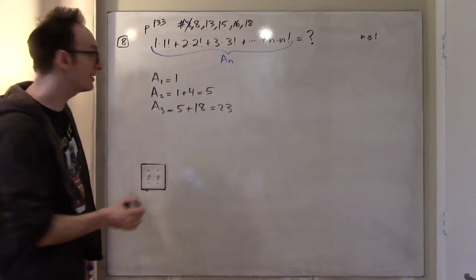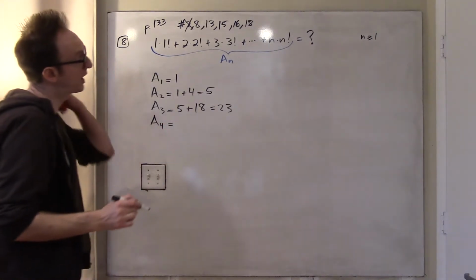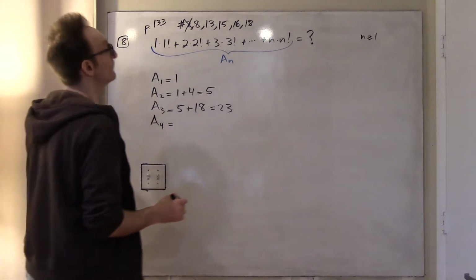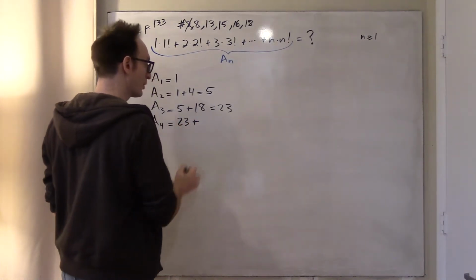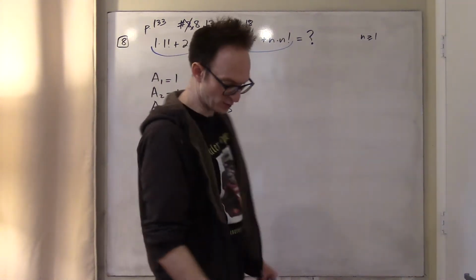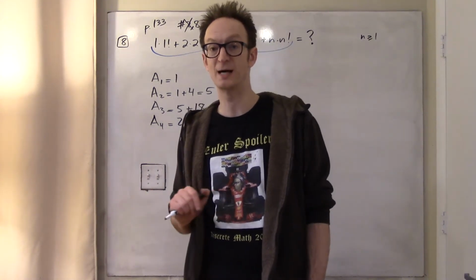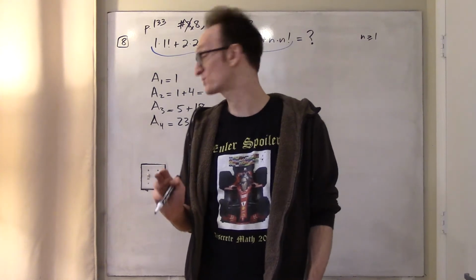Maybe I'm seeing a pattern, maybe I'm not. What's a4? Interesting. a4 is 23 plus 4 times 4 factorial, whatever that is. What is 4 factorial? Well, 1 times 2 times 3 times 4, so that's 6 times 4 is 24.